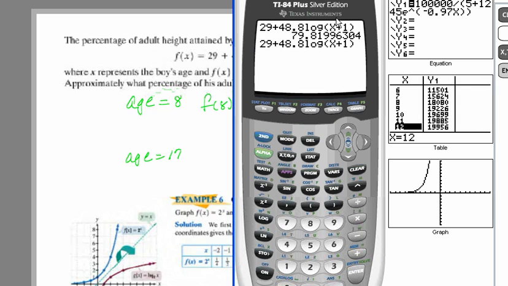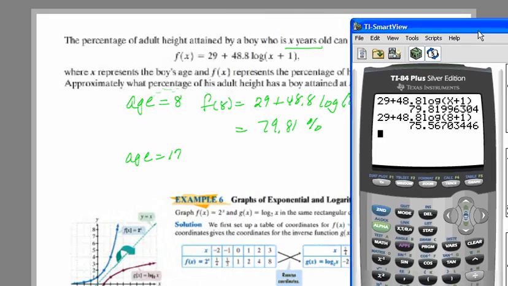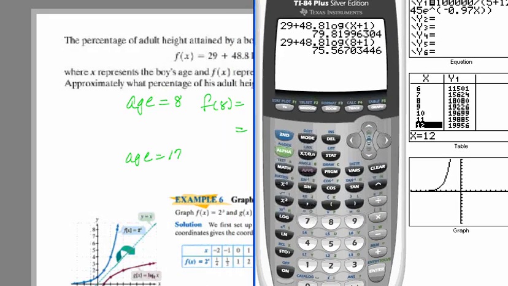I put an x. I didn't need an x right there. I needed an 8. Okay, let me come here and do this one with the 8. 75.56. Okay, I'll come back and make that adjustment.